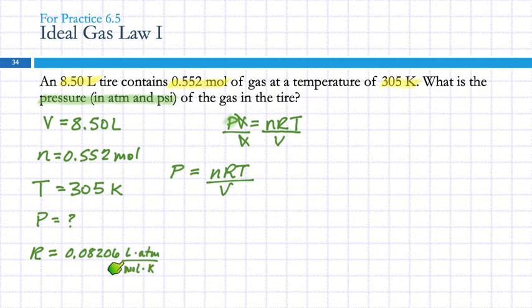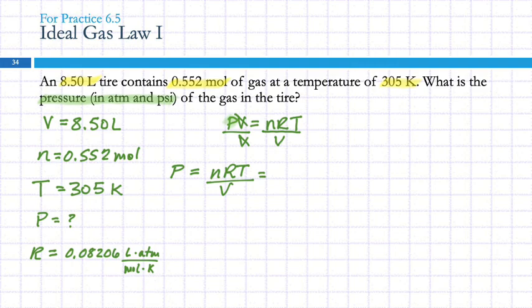So this is telling us what our other units have to be. Let's look at these units and see if they match up. Are these all the correct units? Yeah, they are. We've got liters, moles, and Kelvin. There's liters, moles, and Kelvin. So sometimes we have to do some unit converting before we can put the numbers into the ideal gas law.